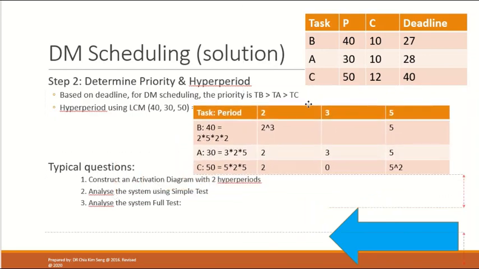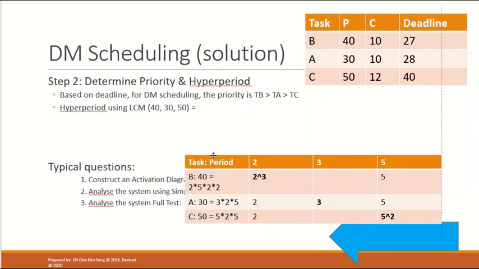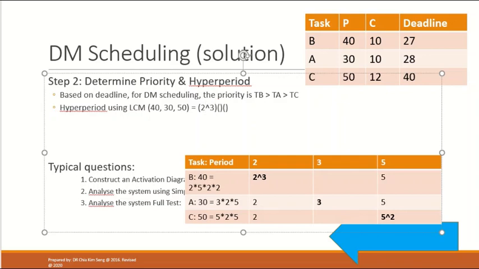Now we're going to select the highest power. This is the highest power for 5, and for 3, we only have power 1. So you can make a calculation: 2 to the power 3, and then 3, and then 5 to the power 2.